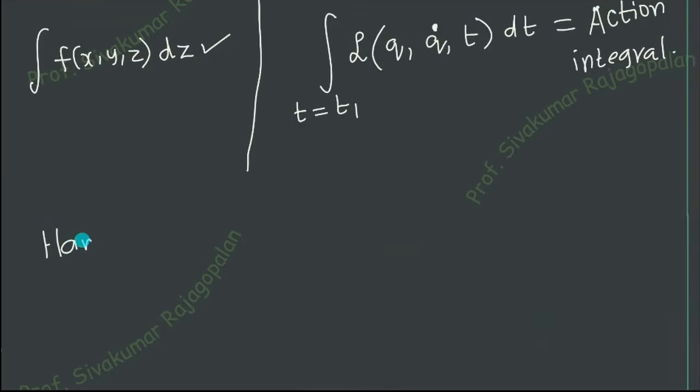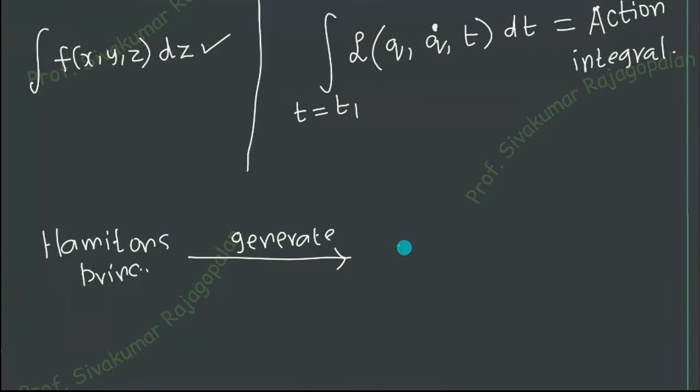I'll write down that. So the Hamilton's principle is going to generate F equal to ma. Hamilton's principle is the underlying principle. That means this has to generate that. That is the meaning.